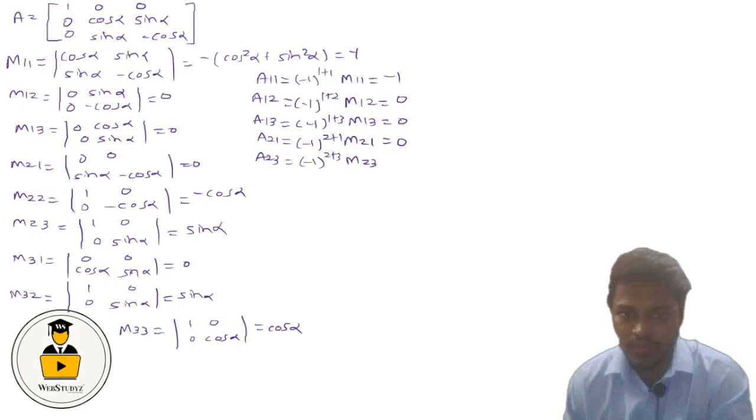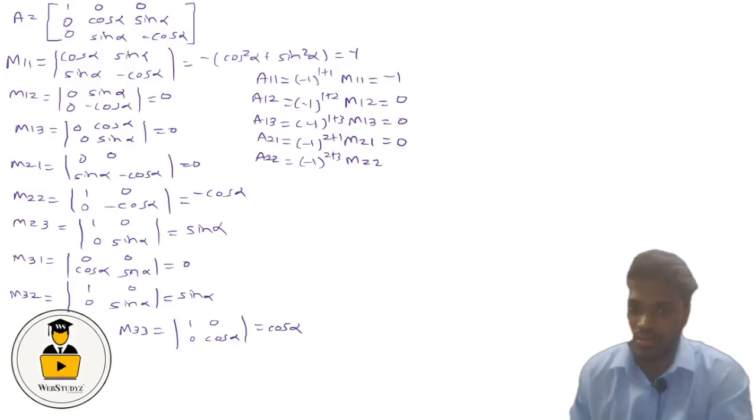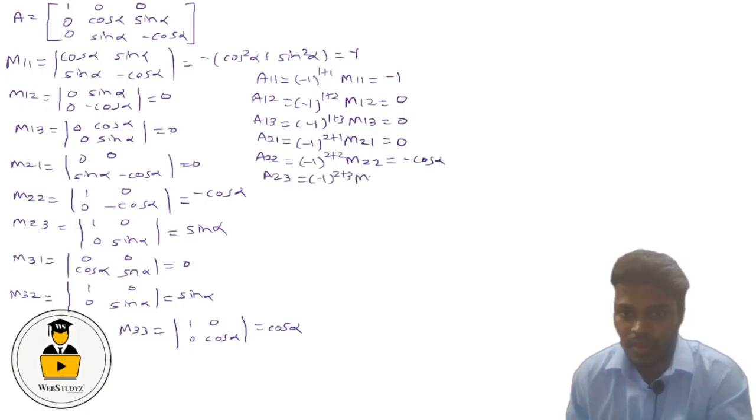Sorry, first we need to calculate A22. A22 is minus 1 raised to 2 plus 2 into M22. M22 is minus cos alpha, so this is minus of cos alpha. Then A23 will be minus 1 raised to 2 plus 3 into M23. Now M23 is sine alpha, and minus of that will be minus of sine alpha.